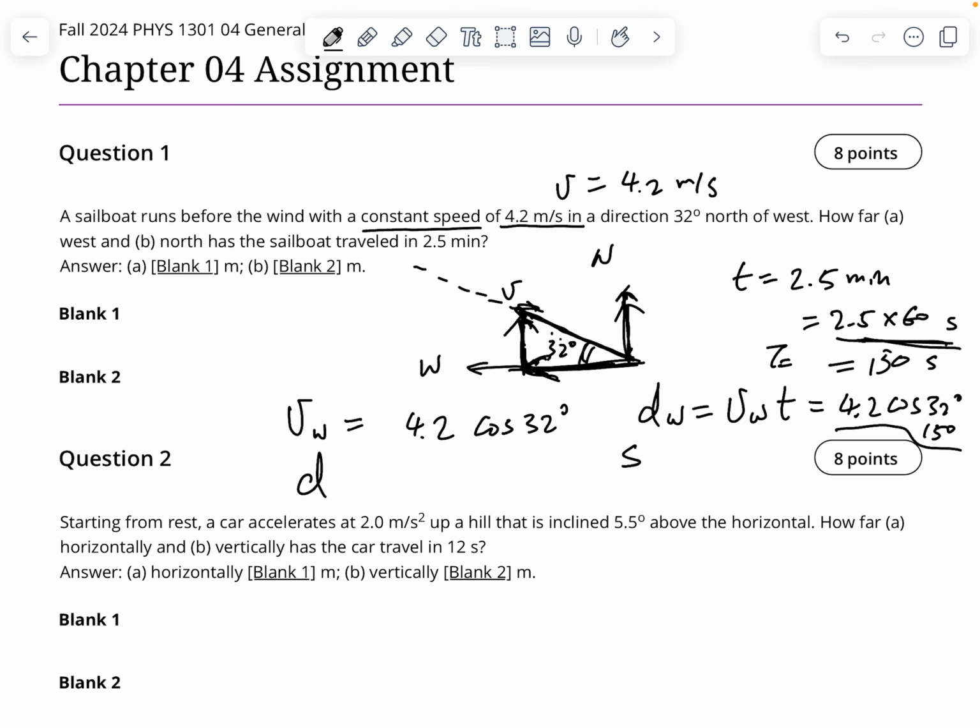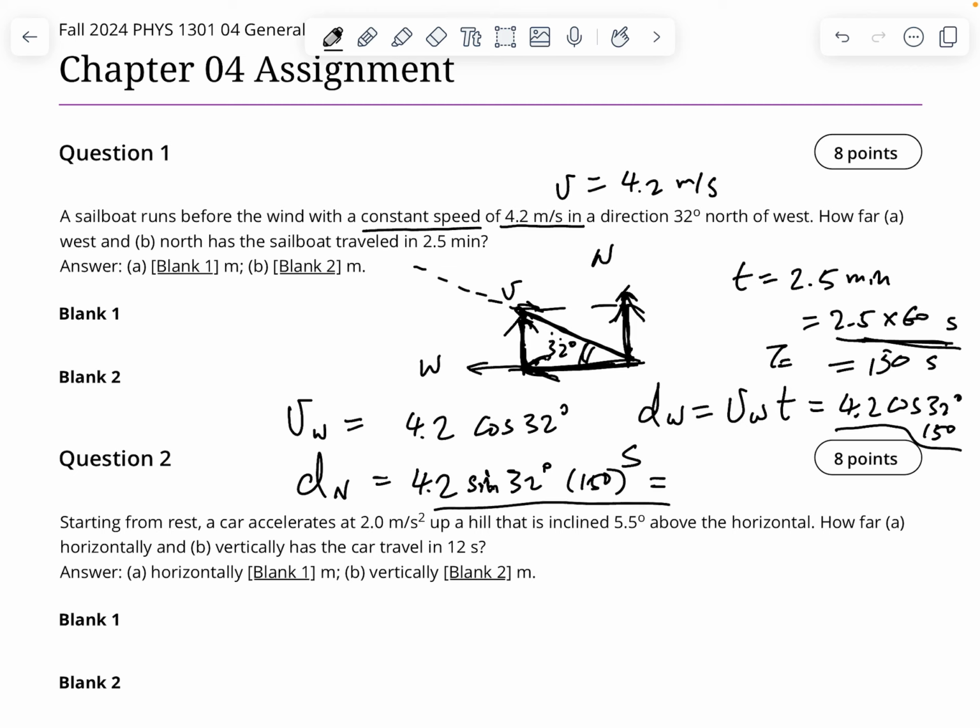And the distance traveled in the north direction equals velocity in the north direction, 4.2 sine 32, times time, times 150. So this is the calculation.